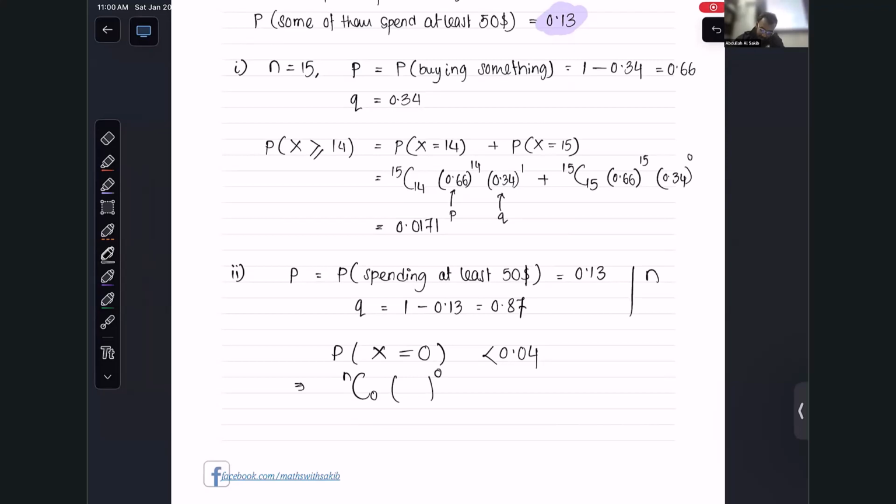So this is the probability of success, and not success will be n minus 0. That is less than 0.04. So success is 0.13 and failure is 0.87.